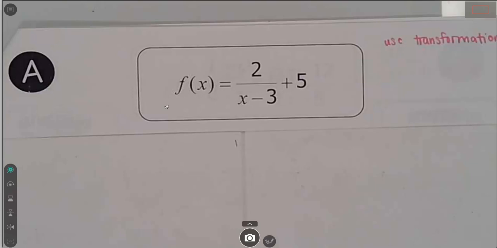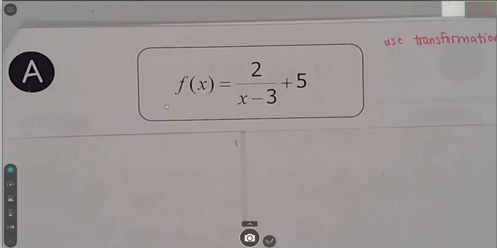Can you give me the horizontal? Can you give me x equals what, y equals? You're giving me the asymptotes.